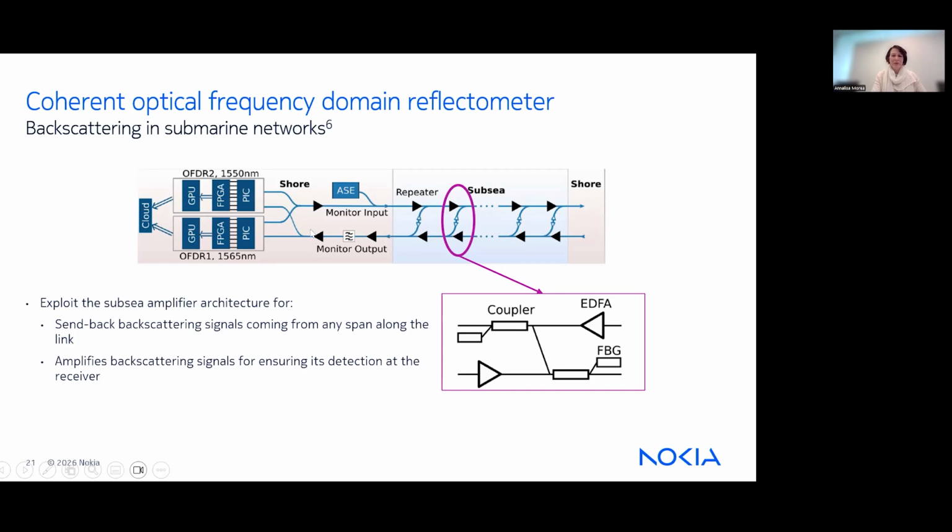And in this way, it is possible to observe the SOP variation at a given point of my cable. And as we have these amplifiers here, it is possible to cover several thousands of kilometers.